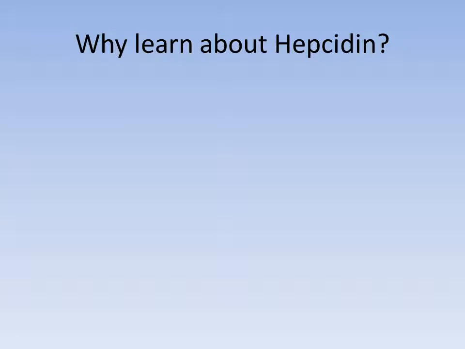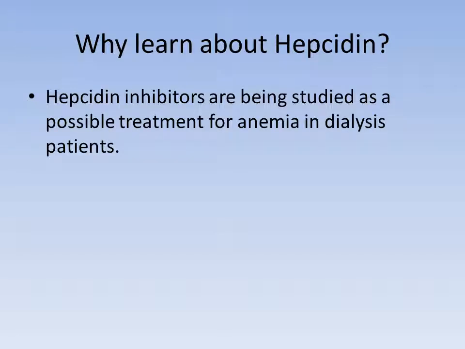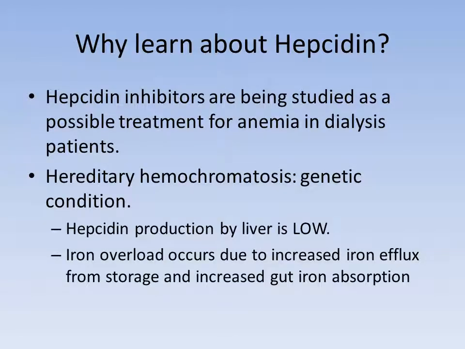Okay, so why in the world am I talking to you about hepcidin? Well, for starters, hepcidin inhibitors are currently being studied as a possible treatment for anemia in dialysis patients. And also, a fun fact, there is this genetic condition called hereditary hemochromatosis.